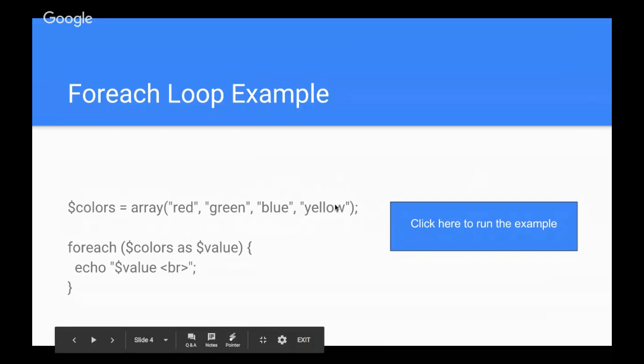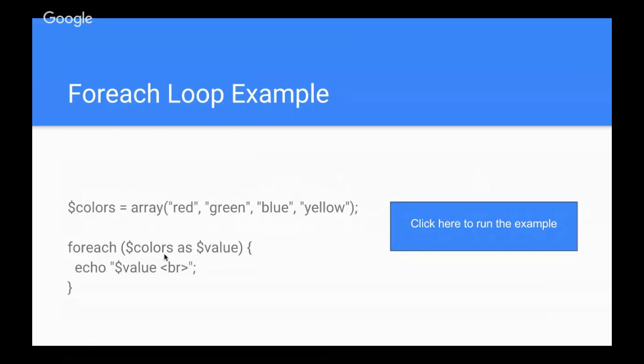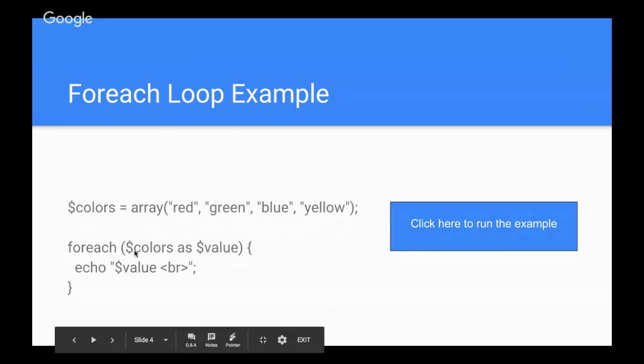In some situations, you may want to make it an input for the users to be able to put in their own values. Then you'll want to type foreach, and put in the parameters, you'll put in the array name, so this colors, and then a variable to use for each of the values.